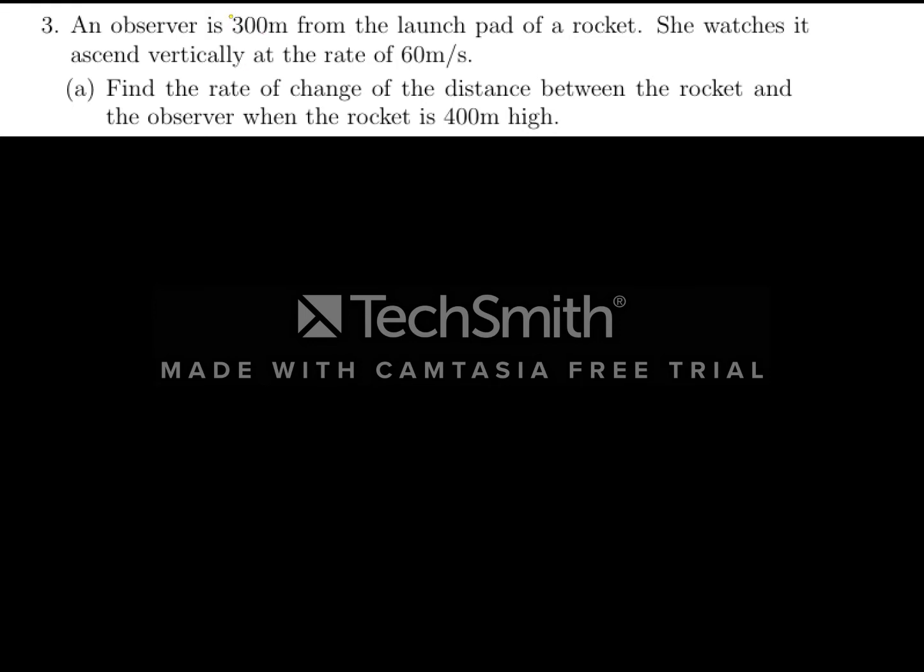So our CUBE approach says let's circle our numbers and variables if they're here. In this case, we just have numbers. So we've got that the observer is 300 meters, it's ascending at a rate of 60 meters per second, and it is 400 meters high.